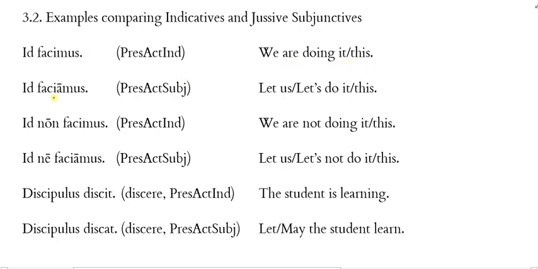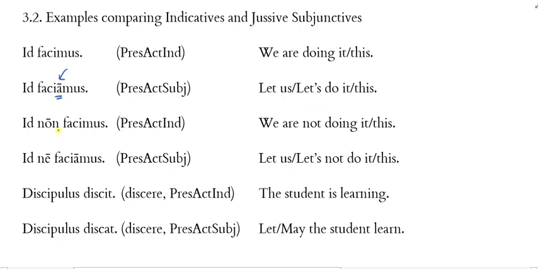Here I convert this to a subjunctive, and because this is a third conjugation verb, I'm flipping my vowel before the personal ending to an A. Faciamus. I'm sorry, this is a third conjugation io verb. So id faciamus versus id facimus is an exhortation. Let's do this. Let us do this or do it.